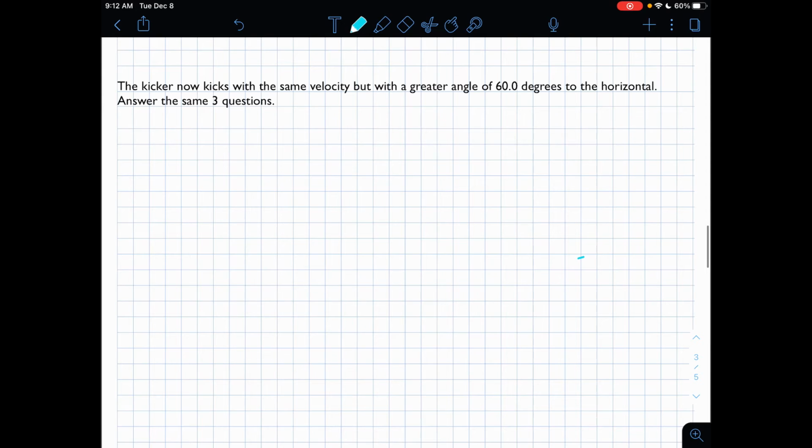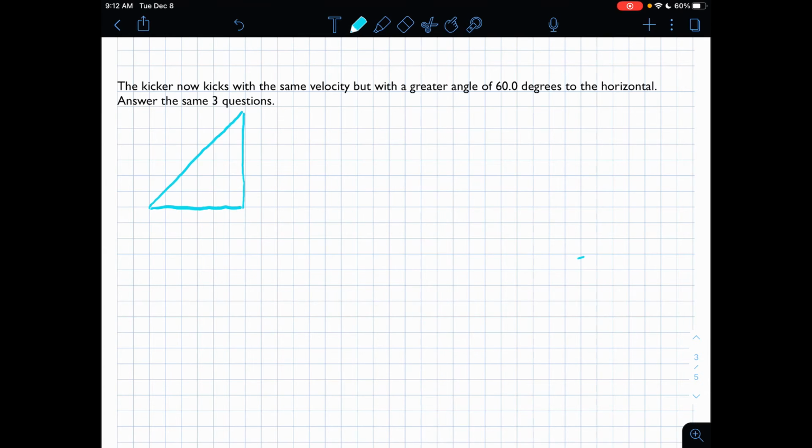All right, this is another question that you can work on. Now that we've done this, let's look at essentially the same question, the same velocity. However, instead of it being kicked at 20 degrees, it'd be kicked at 60 degrees to the horizontal. So once again, draw out your triangle on this one.